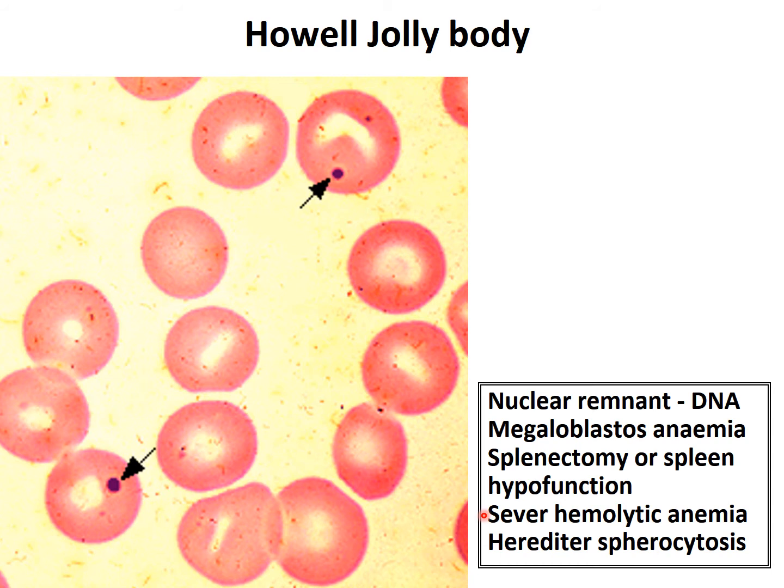This is why we can have a nuclear remnant inside the red blood cells. Okay, so this is what we call Howell-Jolly bodies, and again, that's very informative.